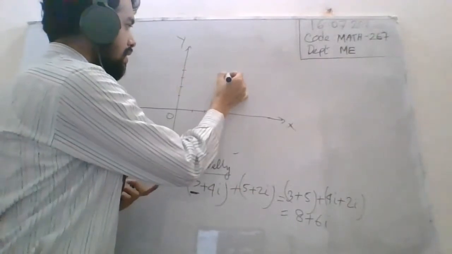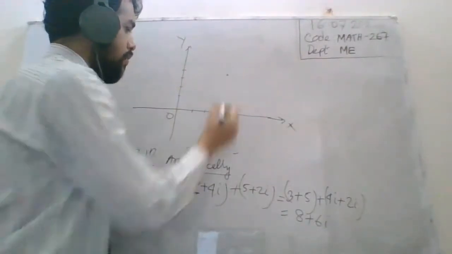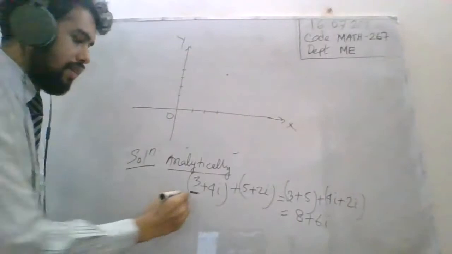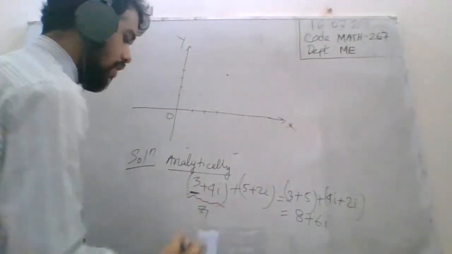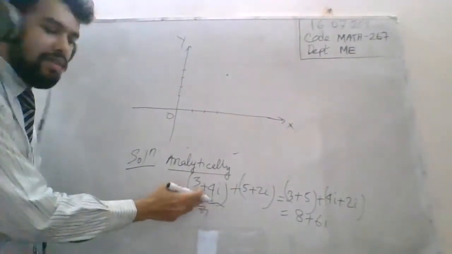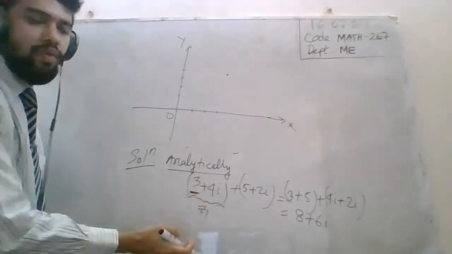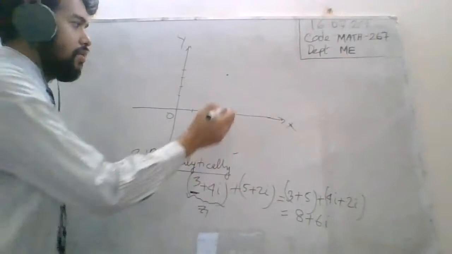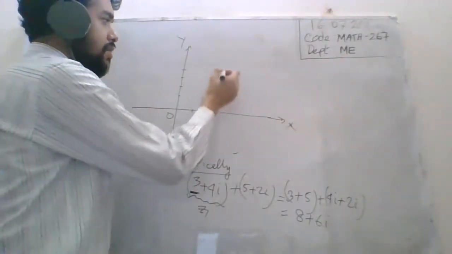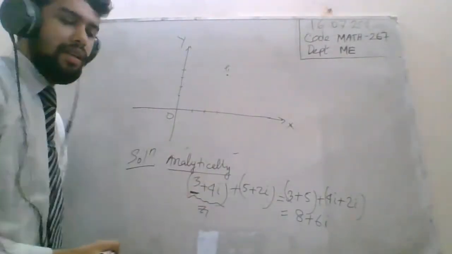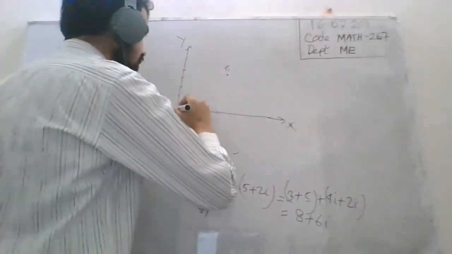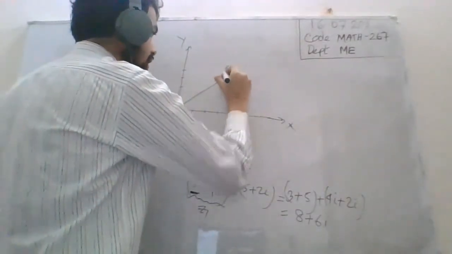So here is your point for z1, the complex number 3 plus 4i. The point is here, which is p1.